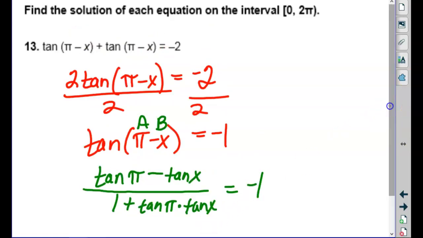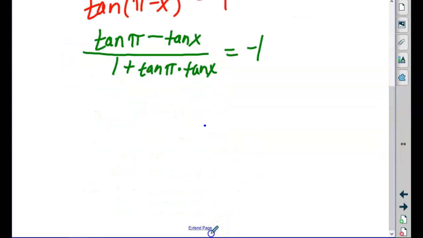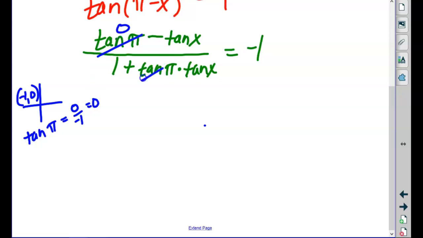Oh, you got this. You got this. What can we do? What can we put in there? What can we evaluate? Pi is (-1, 0). So the tangent of pi is 0 over -1, which is 0. So this is a 0, and this is a 0.